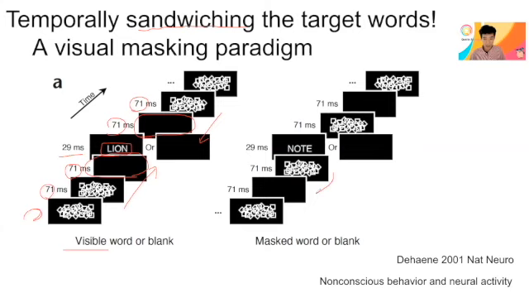The mask is swapped in position, and the backward mask and the forward mask are temporally more proximate to the masked stimulus, with no blank. And here, you don't see the word at all. That's the idea.